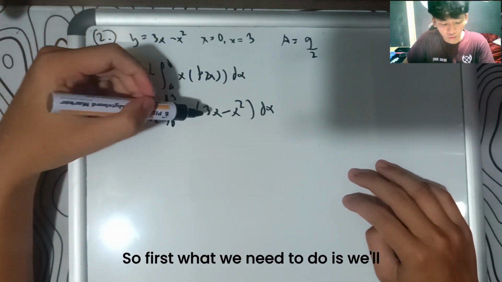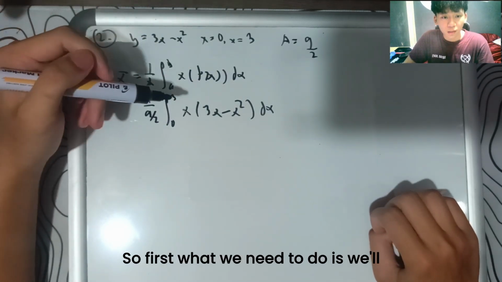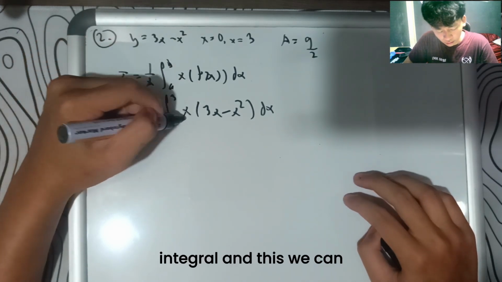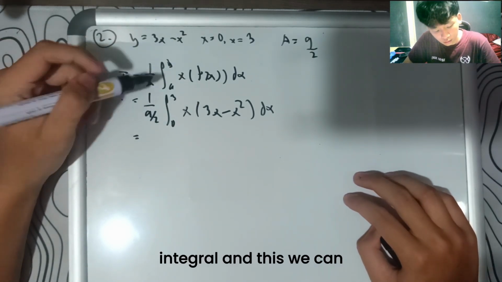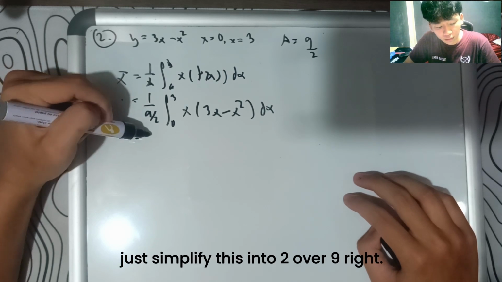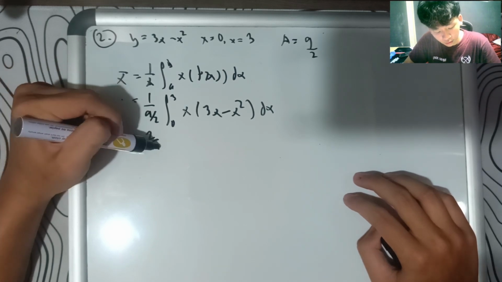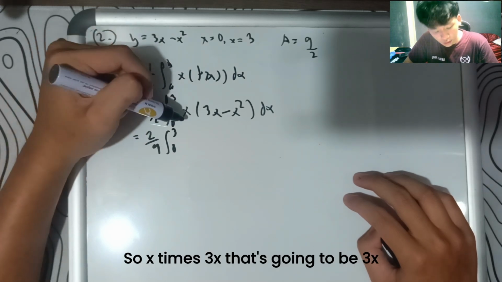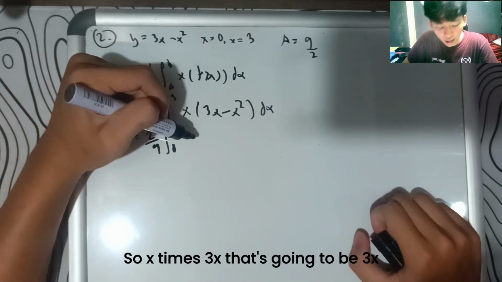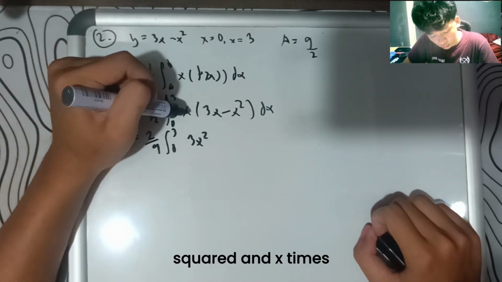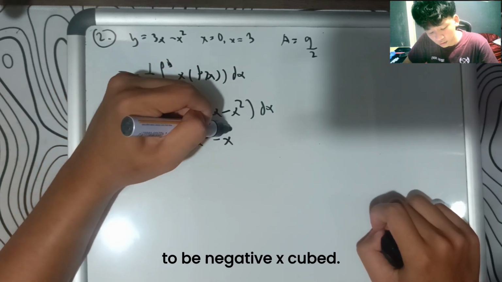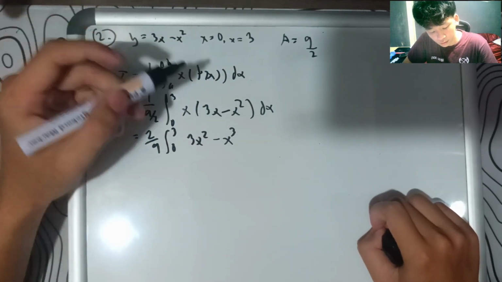First, we'll expand the inside of the integral, and we can simplify this into 2 over 9, the integral from 0 to 3. So x times 3x is 3x squared, and x times negative x squared is negative x cubed.